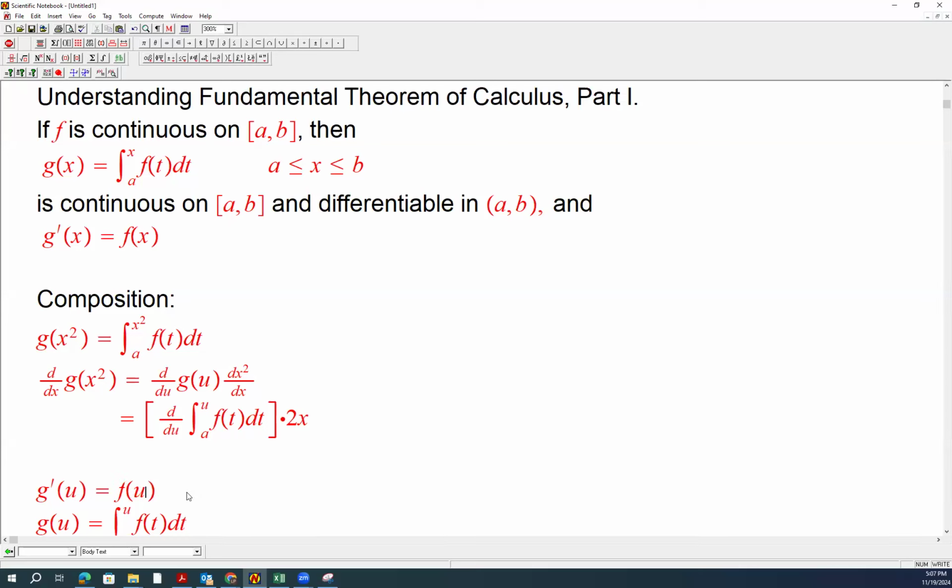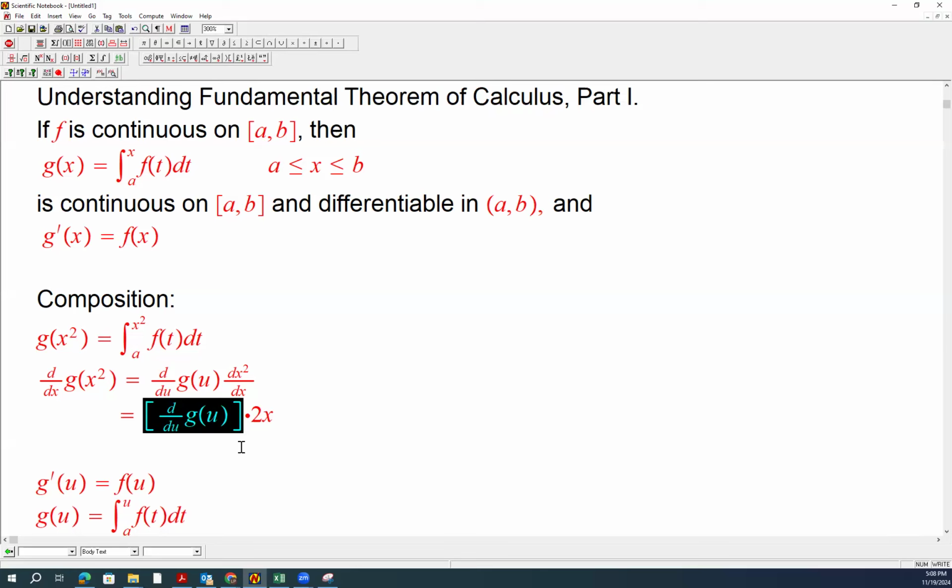Well, this would be f of u. Remember, we just did a little substitution here. So this part is going to equal f of u. So we can also work out combining the Fundamental Theorem of Calculus part 1 with the chain rule to take a derivative of more complex functions.